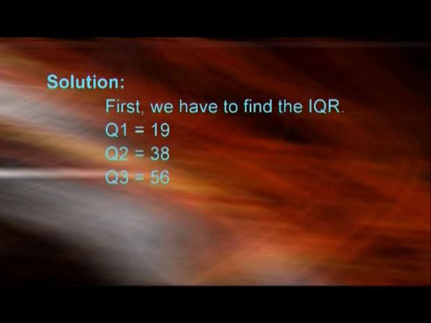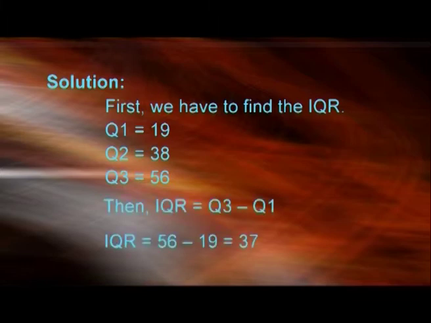Solution. First, we have to find the IQR. Q1 is equal to 19, Q2 is equal to 38, Q3 is equal to 56. Then IQR is equal to Q3 minus Q1. IQR is equal to 56 minus 19, which is equal to 37.